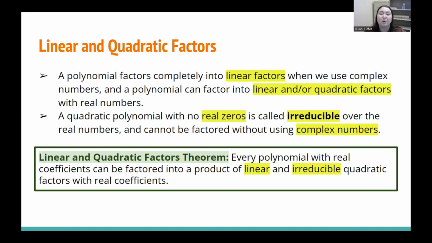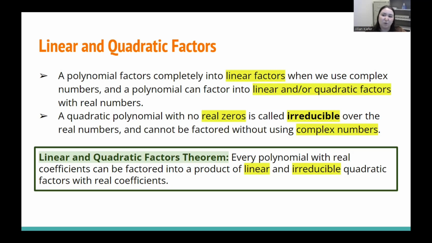But if you work with real numbers, so not considering i, you would factor them into linear and/or quadratic factors, meaning that they would be linear in the sense that they were x minus a number, and/or quadratic factors, meaning you would have x squared factors. And typically, we would factor these with complex numbers, but we don't if we don't want complex numbers. That's kind of what we're saying here.